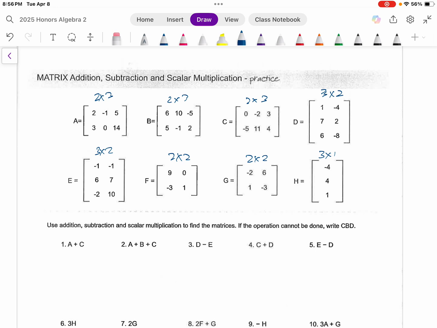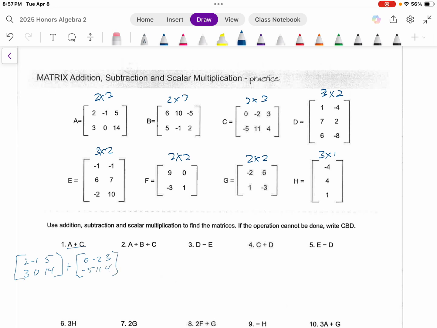So as I look at A plus C, and again, it may help to write them down next to each other. 2, -1, 5, 3, 0, 14. I'm adding to it 0, -2, 3, -5, 11, 4.